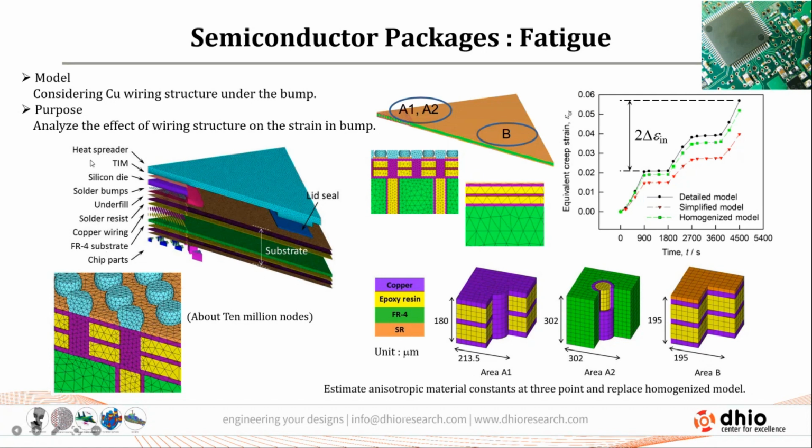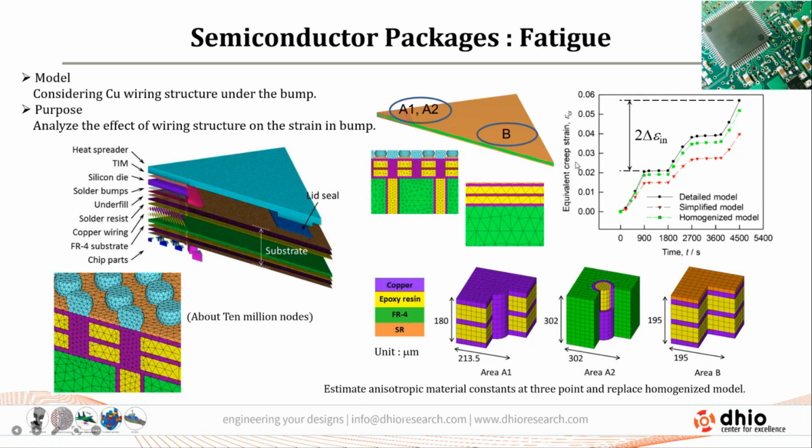So these are the different composites placed in the semiconductor packages. If you want to analyze the fatigue property, you need certain properties. These properties can be extracted using multiscale SIM, and the equivalent material creep properties are computed using multiscale SIM.